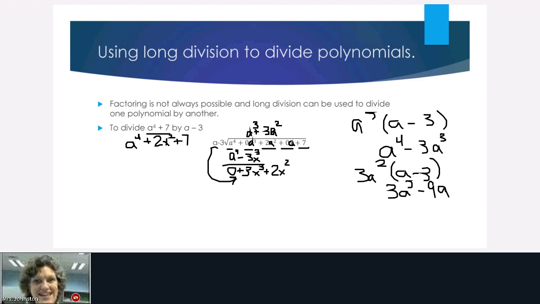Okay, and I'm going to subtract that. 3a cubed, we'll just remember, we'll kind of ignore that x up there, minus 9a squared, because we multiplied 3a squared times negative 3. Subtracting, I get 0 for the first terms, and 2a squared minus negative 9a squared gives me plus 11a squared.